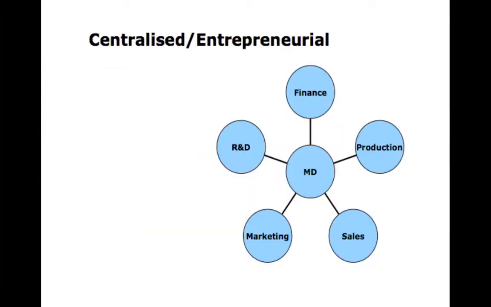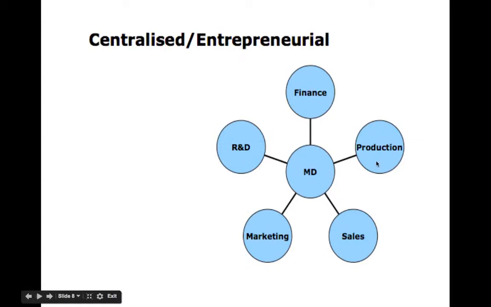Now here we have a functional organization that is centralized. You may ask yourself, what is a functional organization? Well, this is when the business works together and has different functions. Very easy. In this case, we see a centralized organization. Why? Because the decision making is focused on one person, which is the managing director.